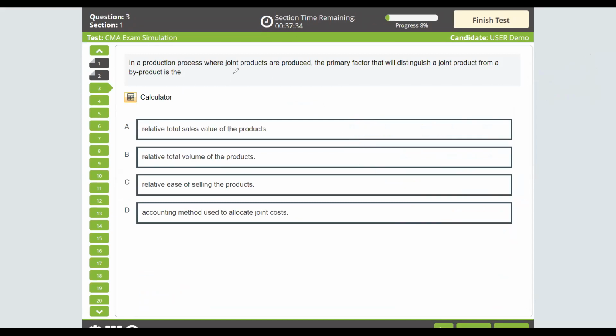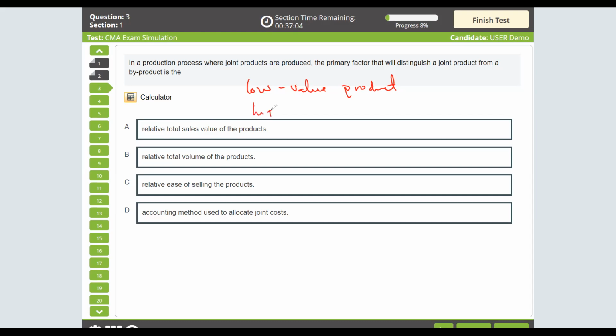In a production process where joint products are produced, what is the primary factor that would distinguish a joint product from a byproduct? A byproduct is a low value product that results from the production process. These are things you have to start thinking about in your mind, which helps you quickly identify the best answer.